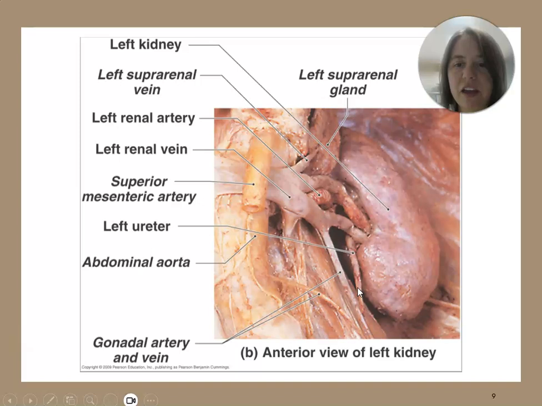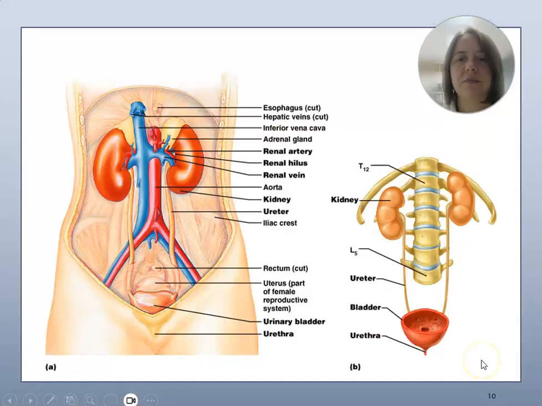The ureter and the veins are kind of the same color, but we have a renal vein coming in and we have it going out, and we have the artery coming in, and then the urine coming out of the ureter. One last thing to point out is the abdominal aorta. So it comes off of your heart and then it goes down like your abdomen, and it branches off, and it's still pretty big when it gets down to the kidneys.